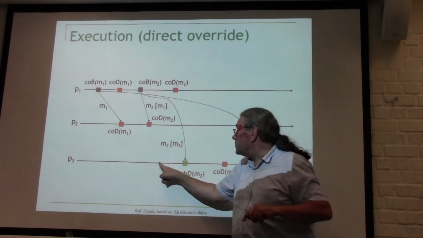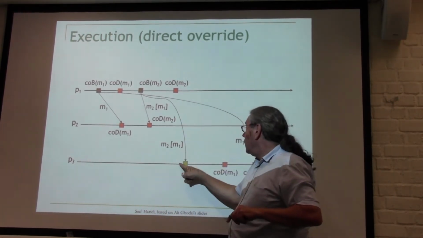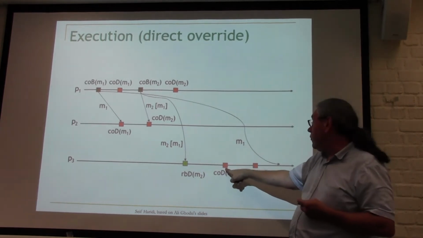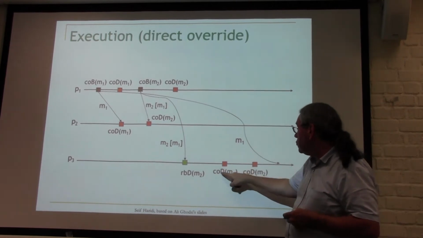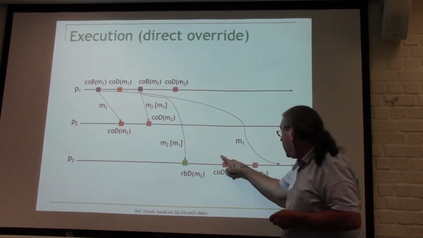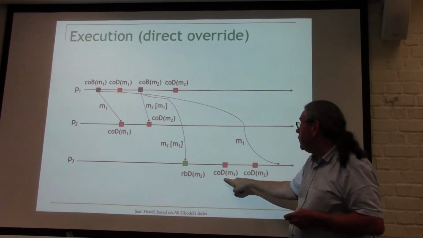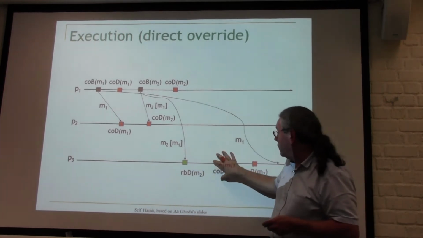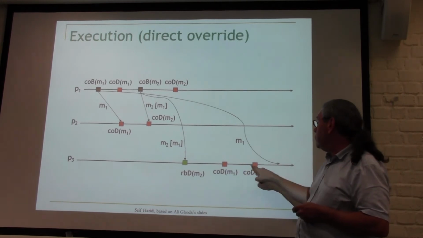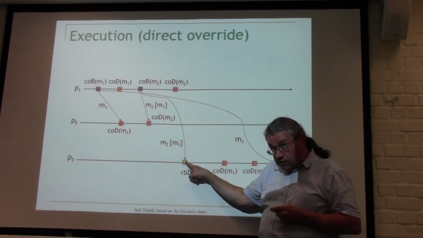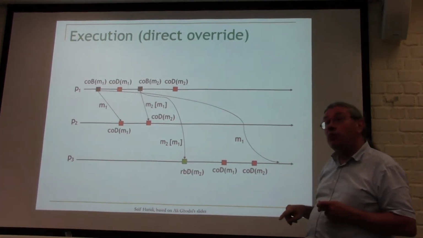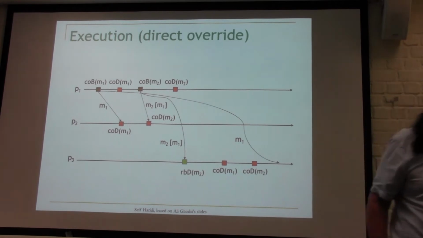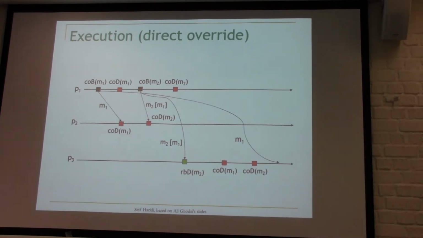That means M1 has not been delivered yet, so I have to deliver M1 first, and then M2. So I look at the list here, and I see that I have to deliver this one first. And when all these past messages are delivered, then I deliver M2, giving the two red ones. So this single green RB deliver will give you two red CO delivers. You see that? A single message coming up here will cause two messages to be CO delivered.